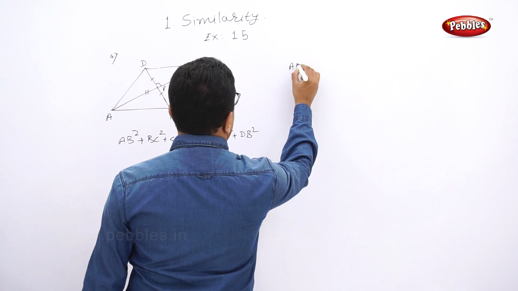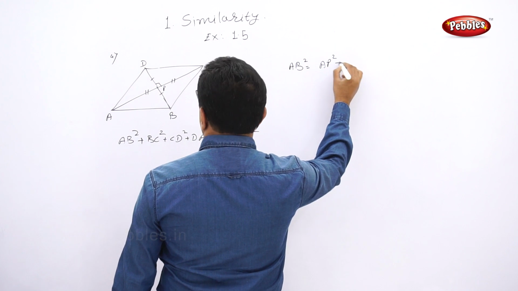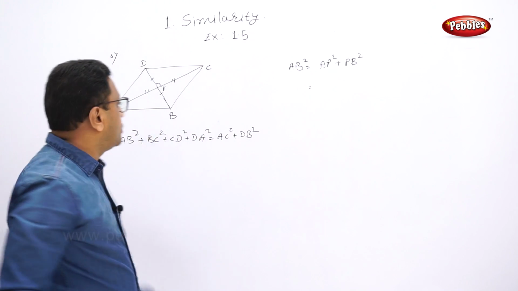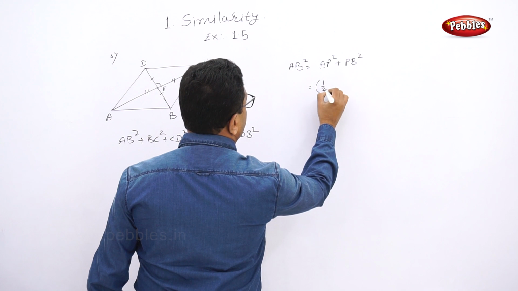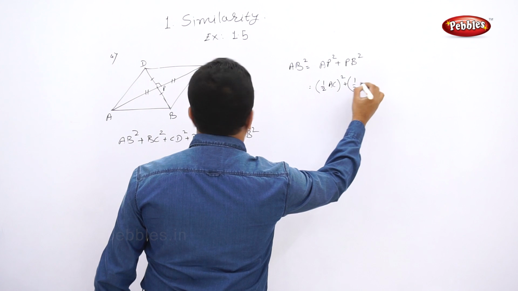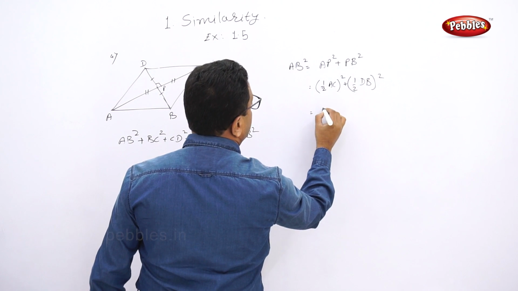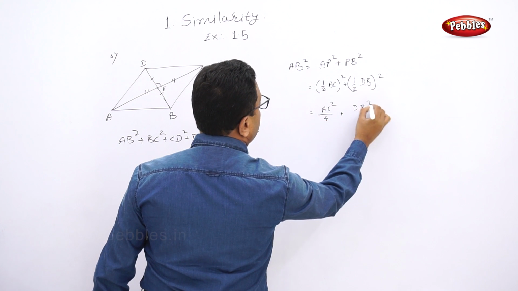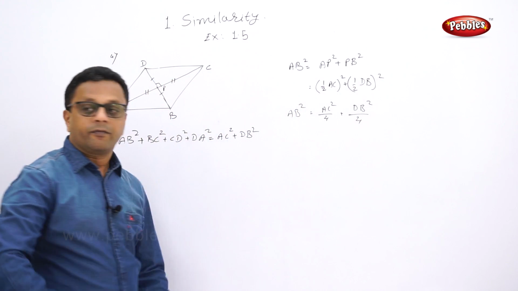So AB square is equal to AP square plus PB square. But we know that AP is equal to half of AC. So I will say it is half of AC square plus half of DB square, that is AC square by 4 plus DB square by 4 is equal to AB square.